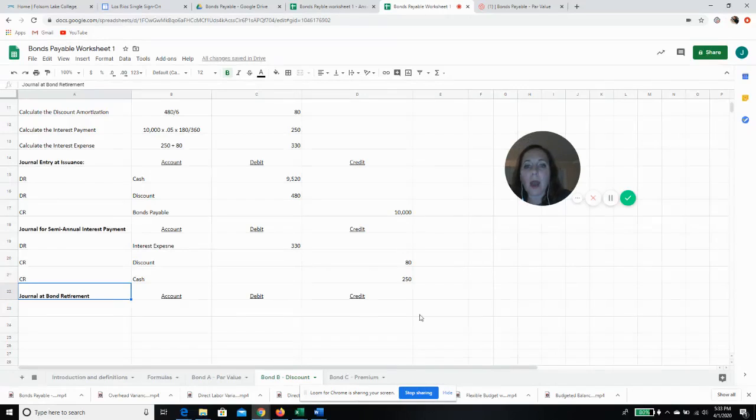Now, if you're wondering why we're crediting the discount, think of the discount as something we need to use up before the bond retires. So if we have the discount account, with debits here and credits here, when we first issued the bond, we had a debit of $480.